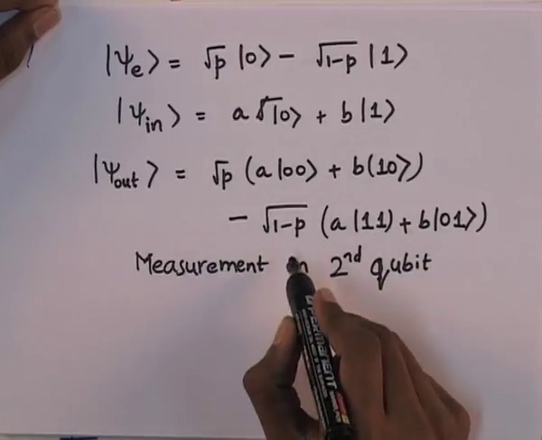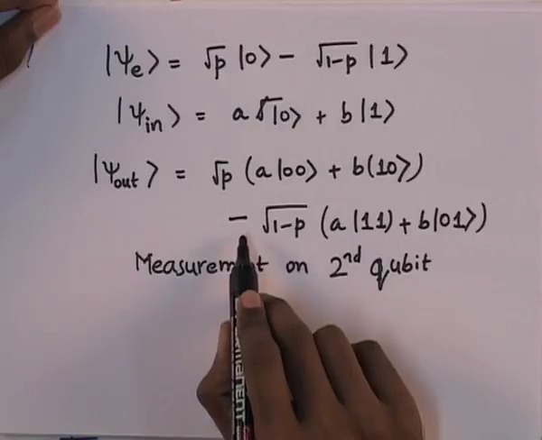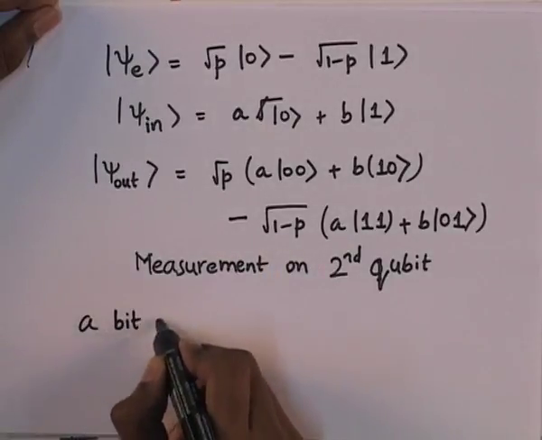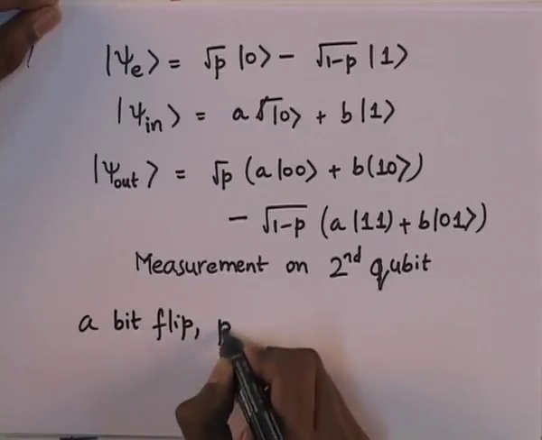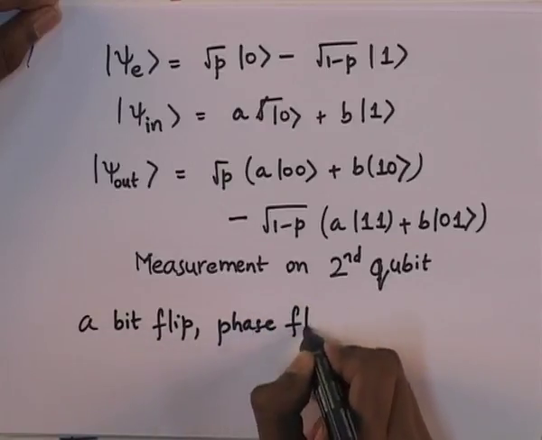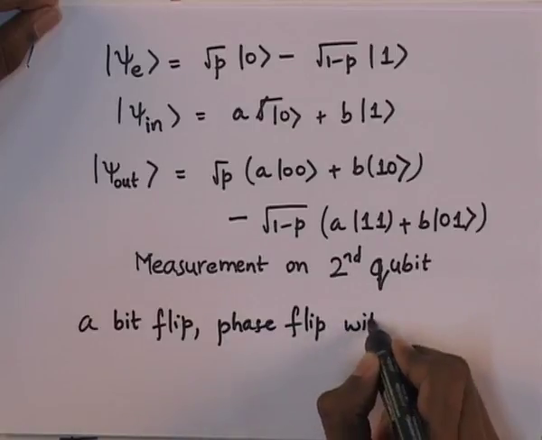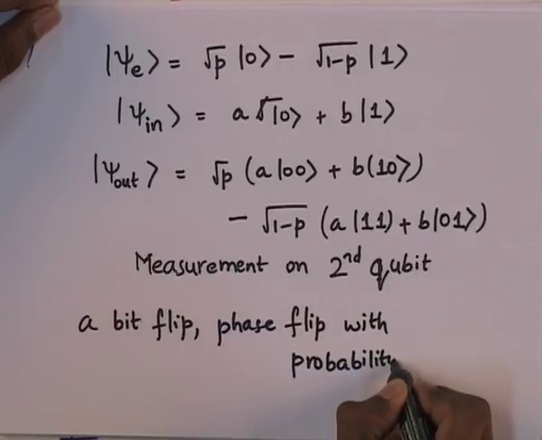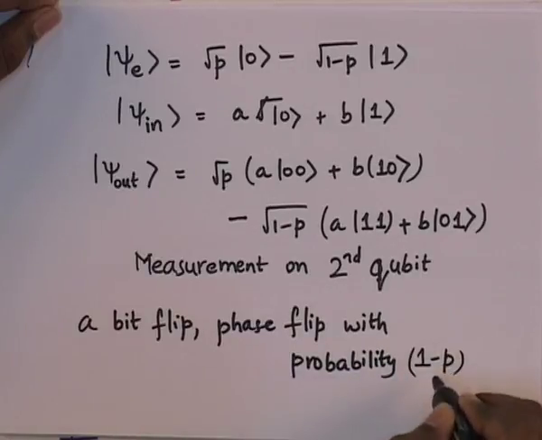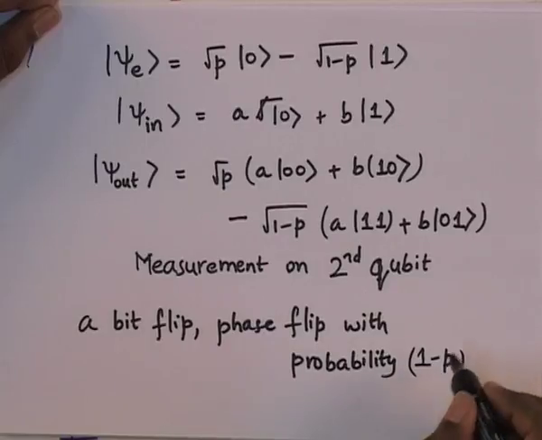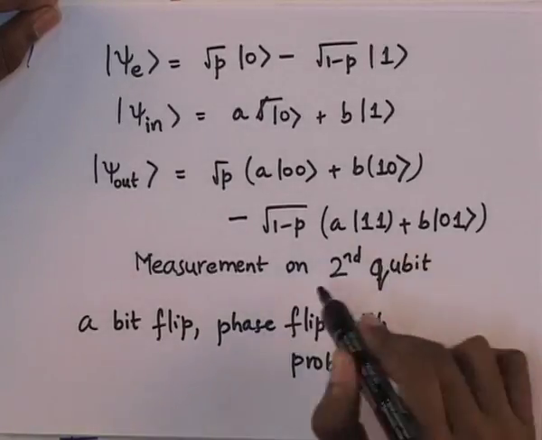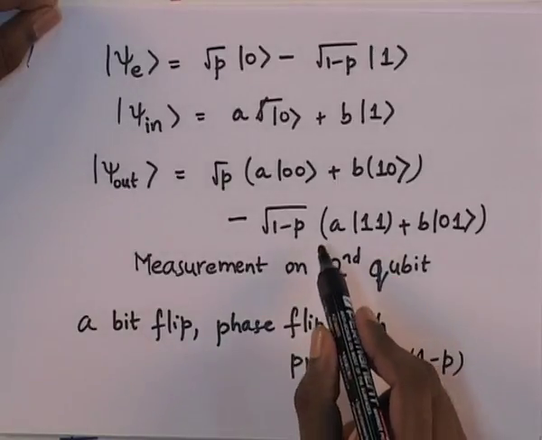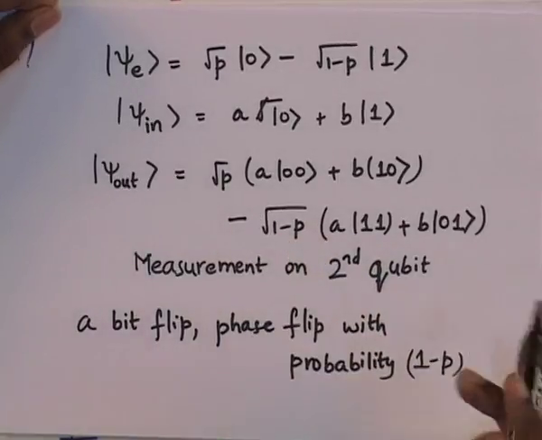With the same probability here we see a bit flip along with the phase flip. So we have a bit flip and phase flip with probability 1 minus p, the probability with which the second qubit turns out to be 1 in the measurement.